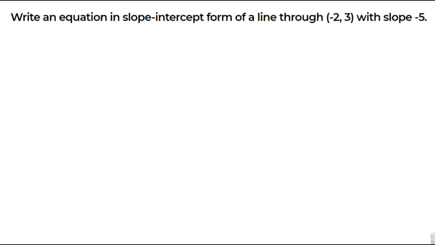Next question says to write an equation in slope-intercept form of a line through the point negative 2, 3, with slope negative 5. Okay, when we have the point and a slope, we'll start off with our point-slope form of the equation. That is y minus y1 equals m times x minus x1. Okay, where m is the slope and x1, y1 are the x and y coordinates of any point on that line, which in this case we'll use this negative 2, 3.